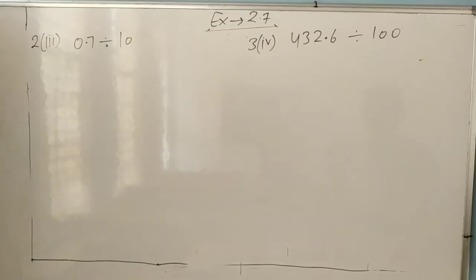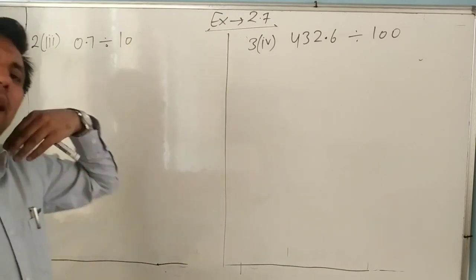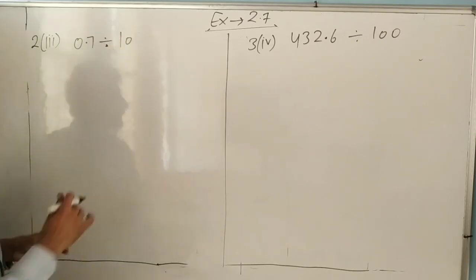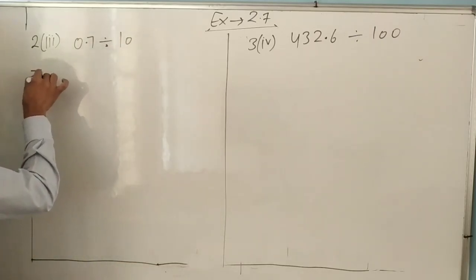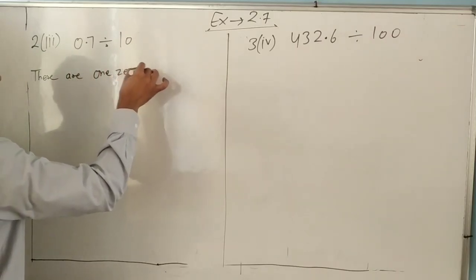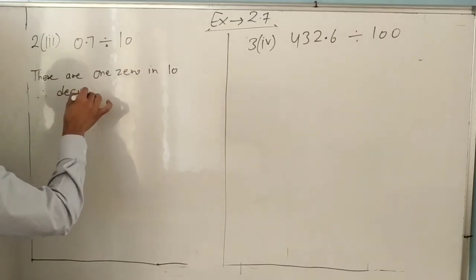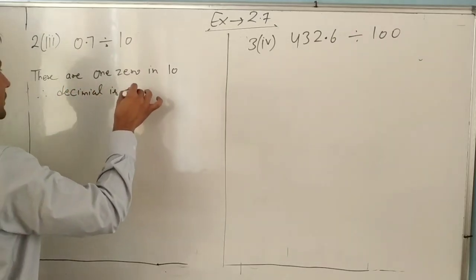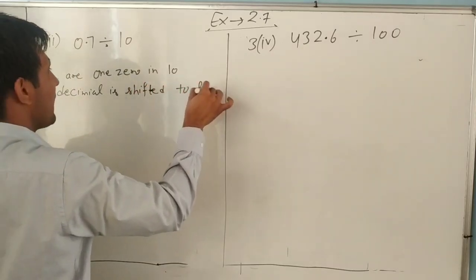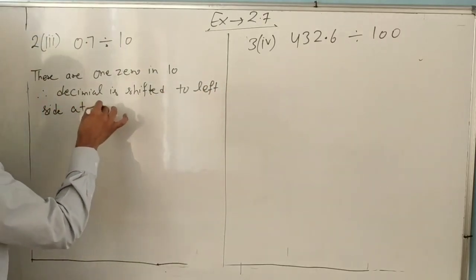Now dear, question number 2, third part. Solve it. We can solve by any method. If we are dividing by 10, we will write first same as it is. There is 1 zero in 10, therefore the decimal is shifted to the left side by 1 digit.